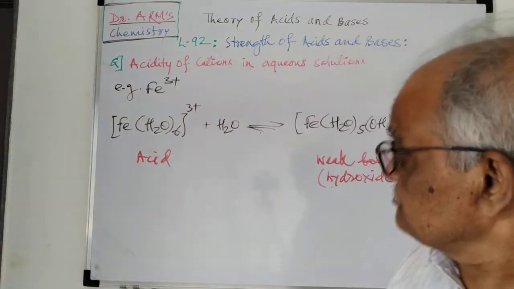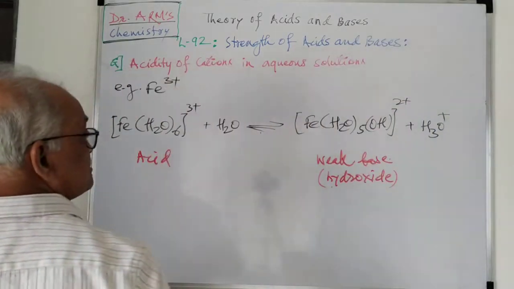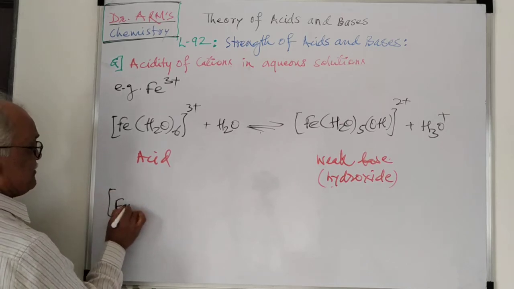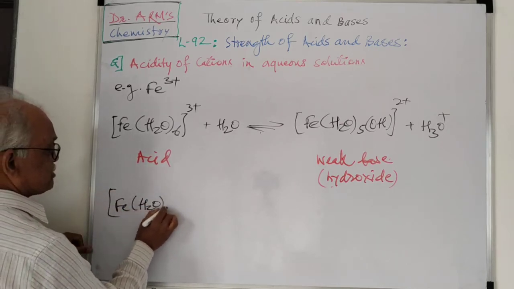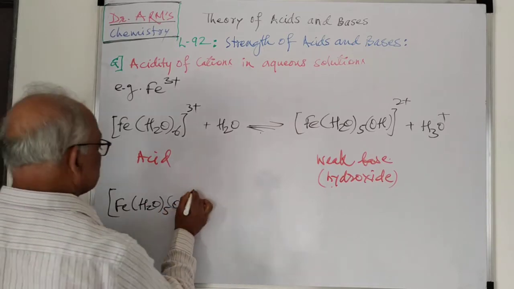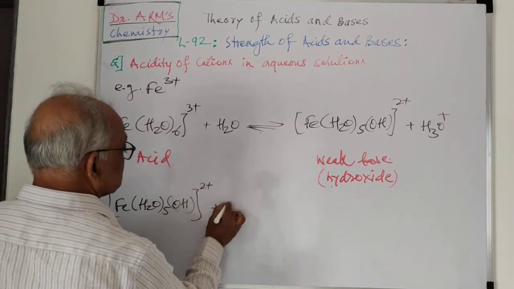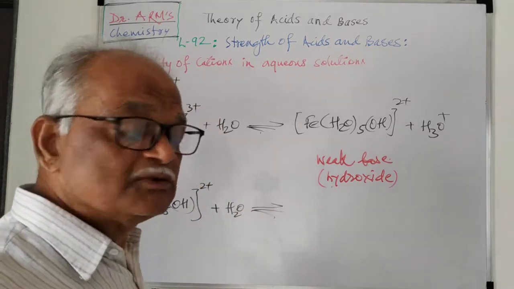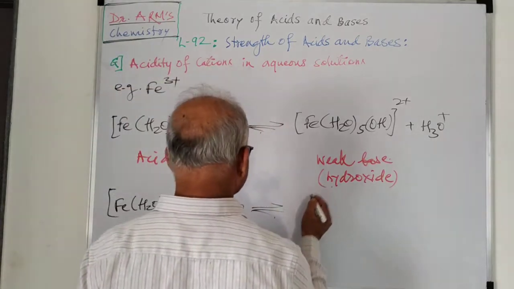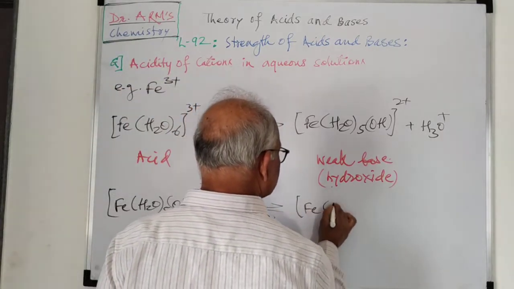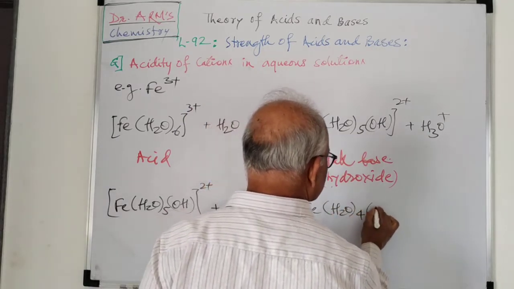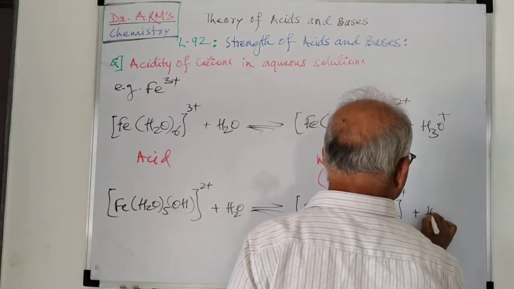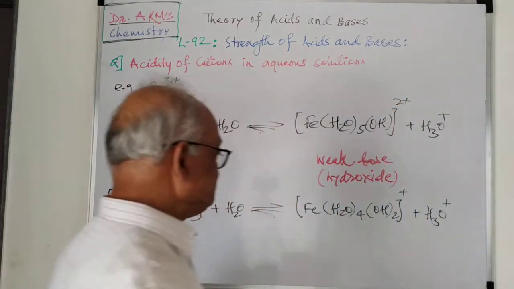Further, this again undergoes a second dissociation: Fe(H2O)5(OH) 2+ further forms a more basic compound like Fe(H2O)4(OH)2 +, plus H3O+.